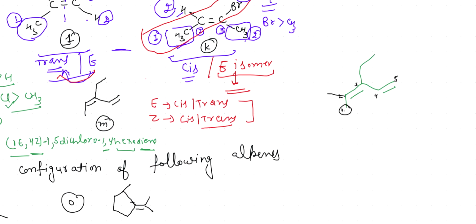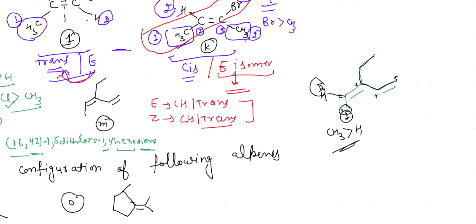Carbon number 3 has one ethyl group and one allyl group. For carbon number 2, the methyl group will be given more priority as compared to hydrogen. This is your first group and this is your second group.